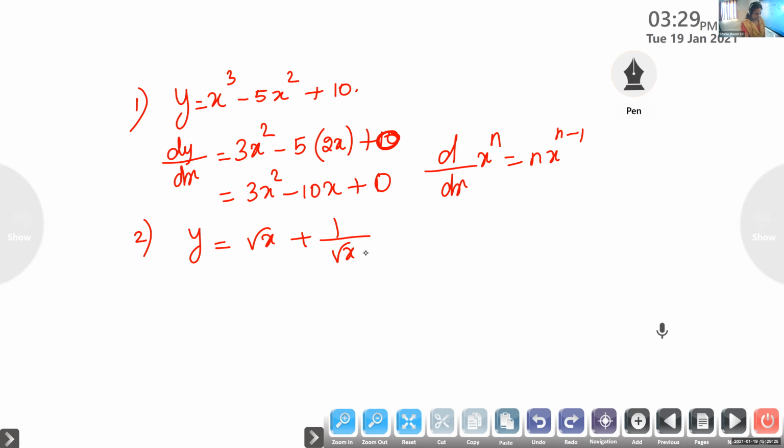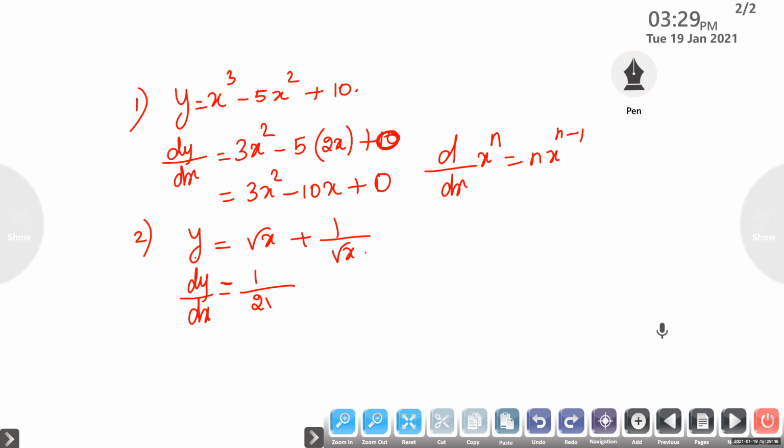So dy by dx is, whenever you differentiate a function in x, you should write dy by dx is equal to... What is the derivative of root x? 1 by 2 root x.